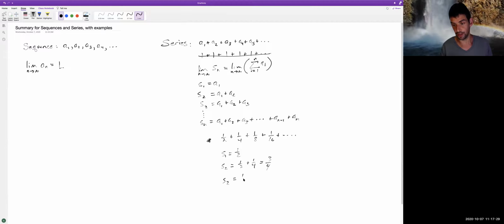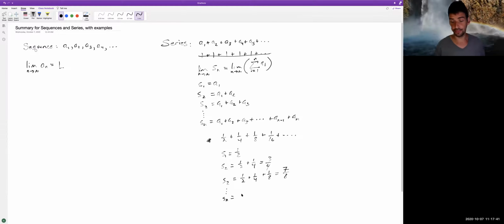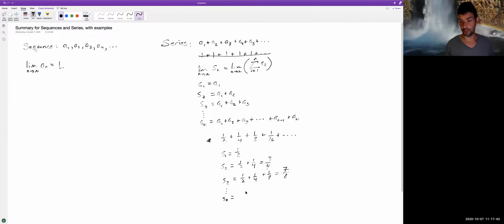S3 is 1/2 plus 1/4 plus 1/8, which is 7/8. And so on. If you do a little bit of algebra or just notice the pattern, you can prove to yourself that the nth partial sum is going to be 2 to the n minus 1 over 2 to the n.